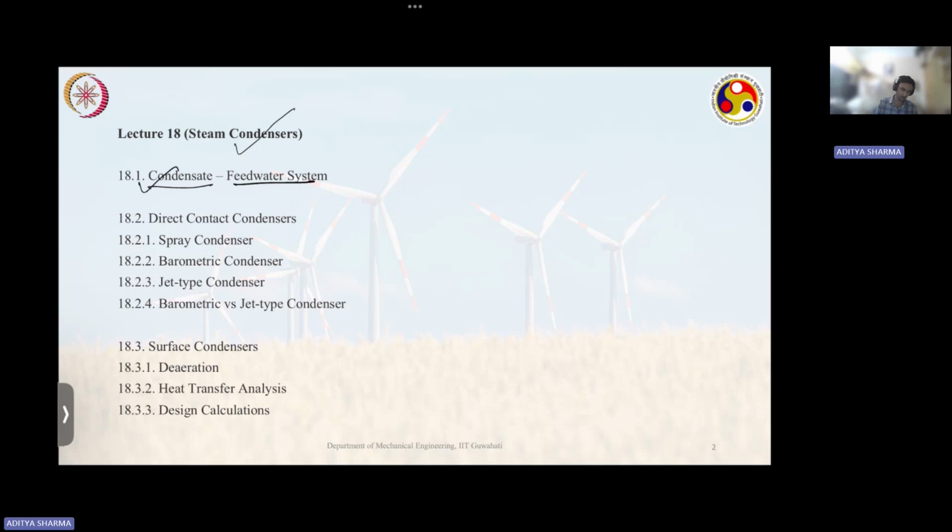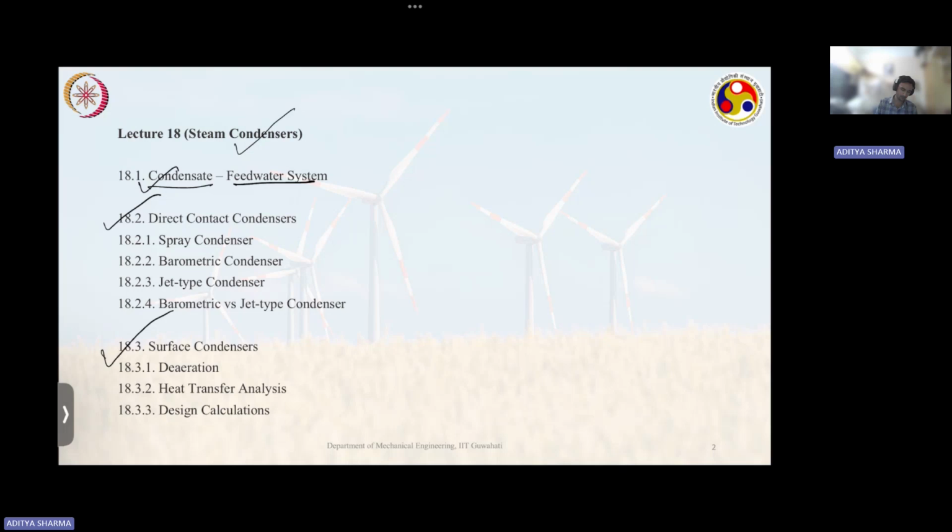Coming on to condensers, they are of two types. One is the direct contact condenser, and the second is the surface condenser. In a direct contact condenser, if we are condensing steam, the cooling element comes directly in contact with the steam. For example, if we are using water to condense the steam, the water will directly come in contact with the steam.